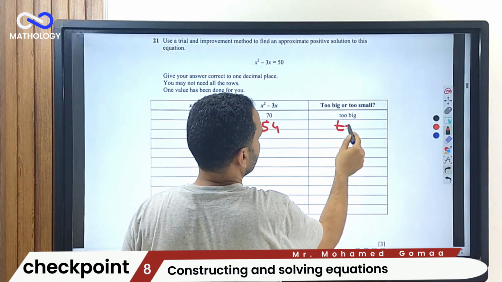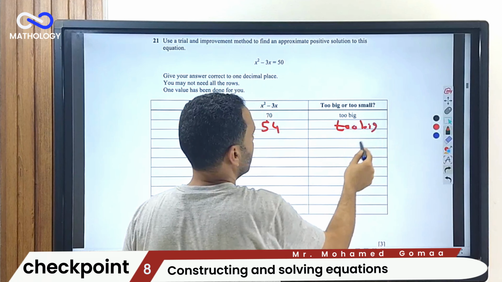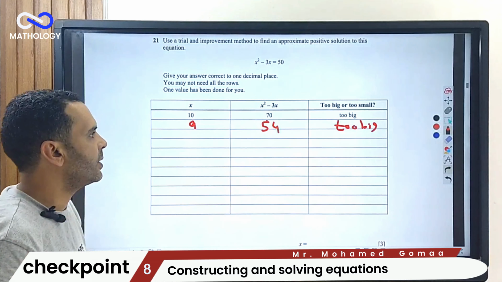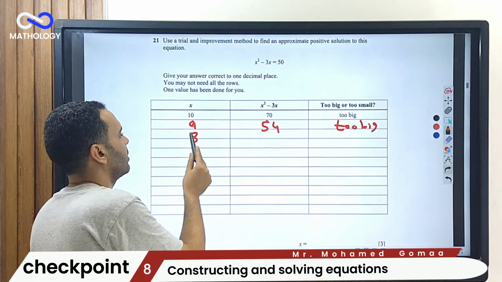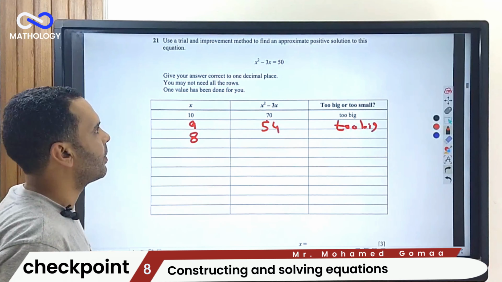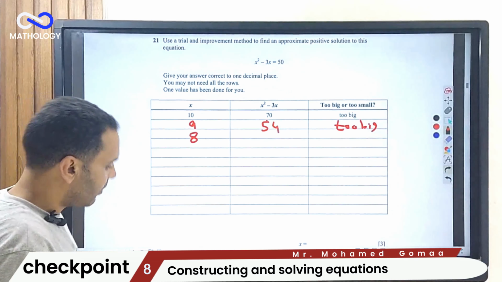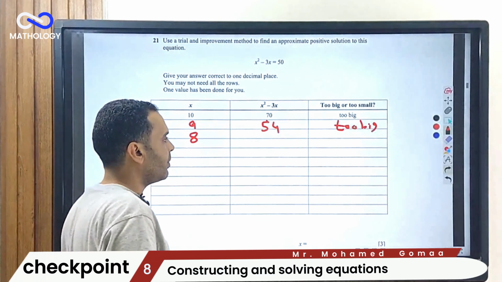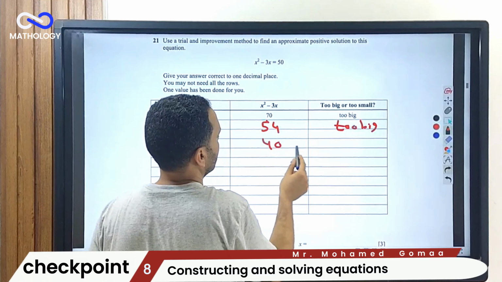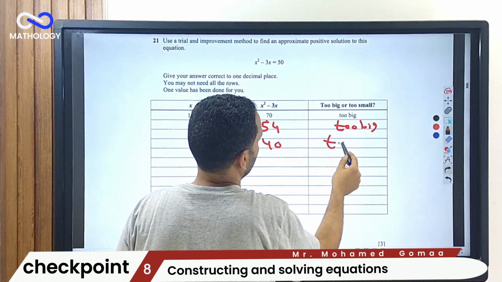Too big. Also too big, 54 is greater than 50. Try 8. 8 power 2 equals 64. 64 minus 24 will be 40. Too small.